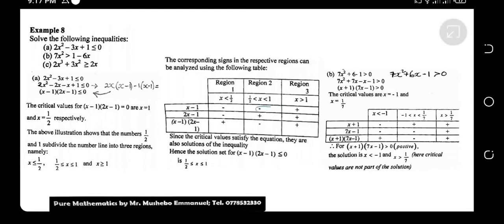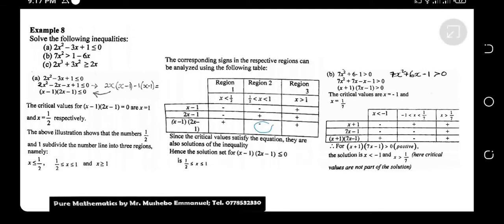Then in the next one, 2 times 0.7 minus 1, which is 1.4 - 1, you get a positive value. Negative times positive, you get the final value here as negative.